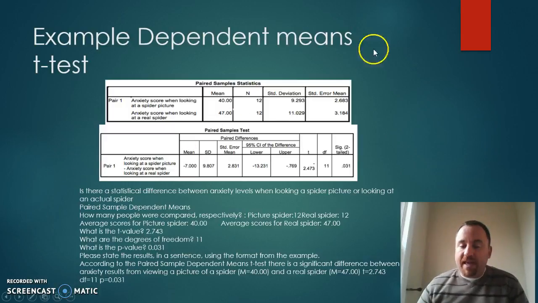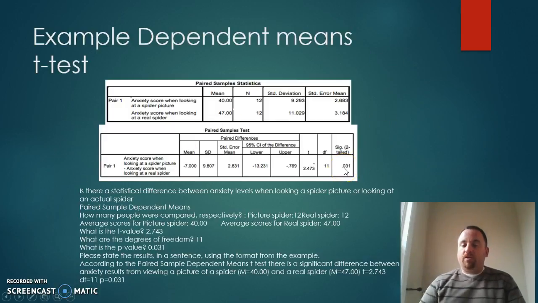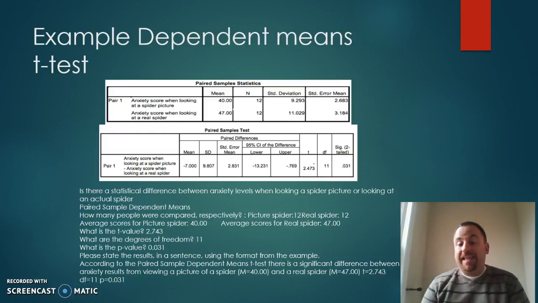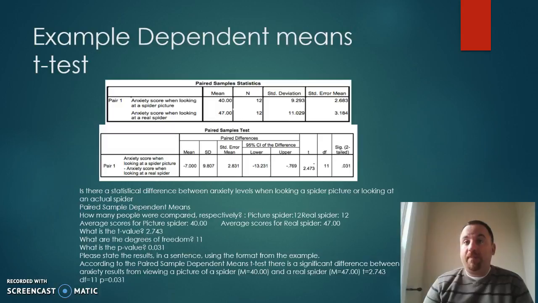If you go all the way to the end, our two-tail significance is 0.31, which is less than our standardized p-value of 0.05, stating that there is statistical significance.